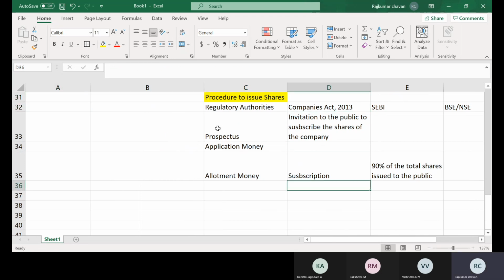Next, they have to start different calls they have to make from the company, right?